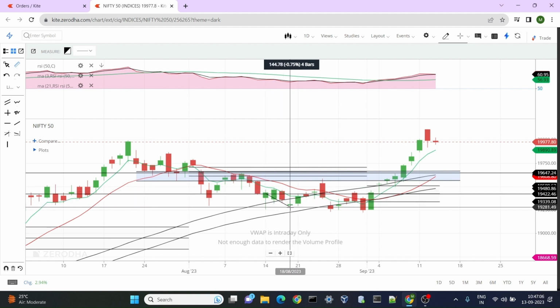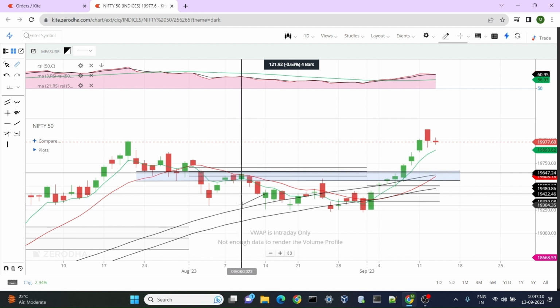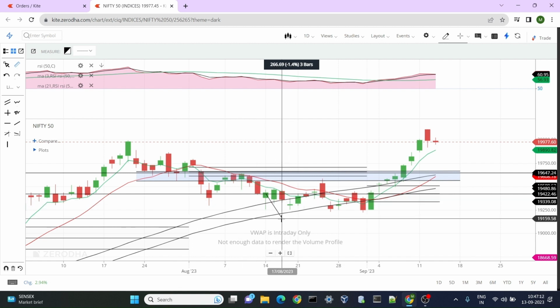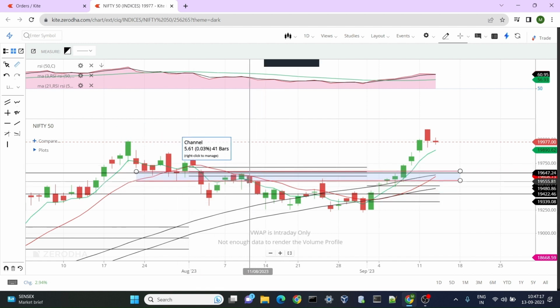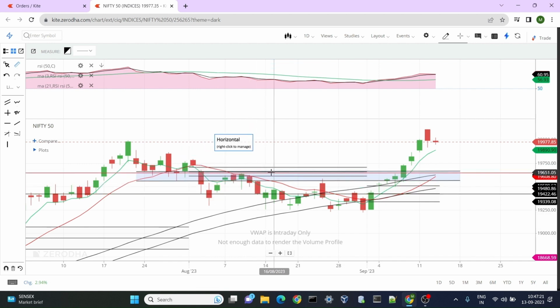But I recommend this strategy for option selling. As soon as this is a daily candle, as soon as you identify that the market is going to be in a downtrend, you can sell the calls of this 650, that is 19,700 calls, and the current latest trading price is 19,400.